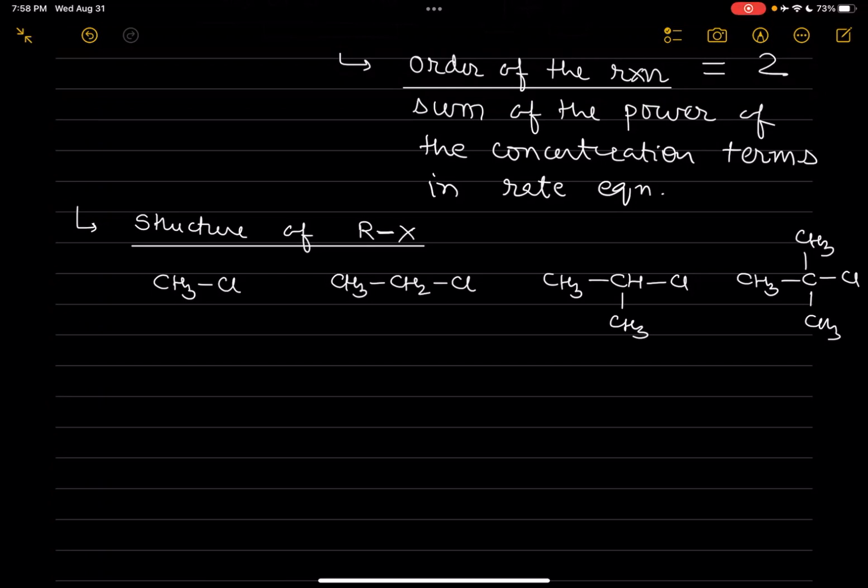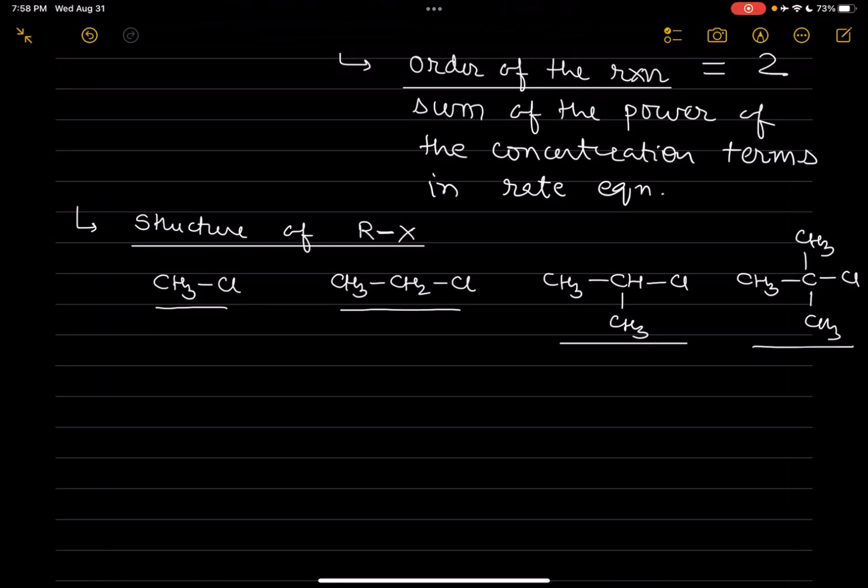I have taken their concentration same. Suppose if I react CH3Cl with OH minus or aqueous KOH, or if I react ethyl chloride with aqueous KOH or NaOH, or if I react isopropyl chloride with aqueous KOH, or tertiary butyl chloride, what do you expect, where is the reaction going to get completed, or will they take same amount of time?